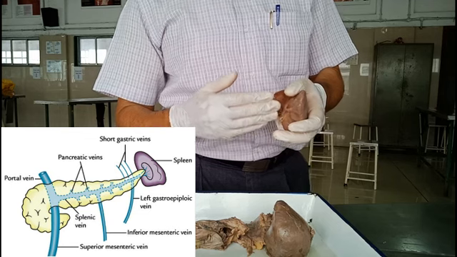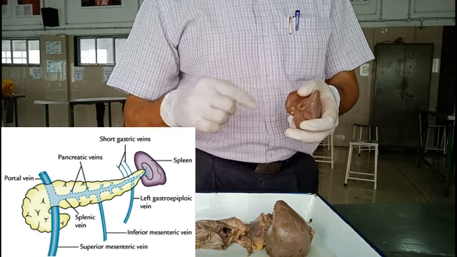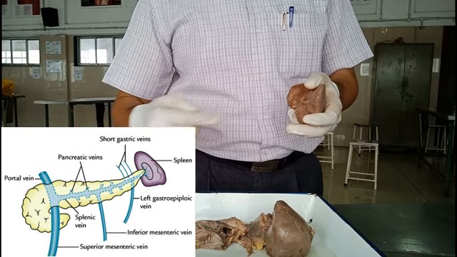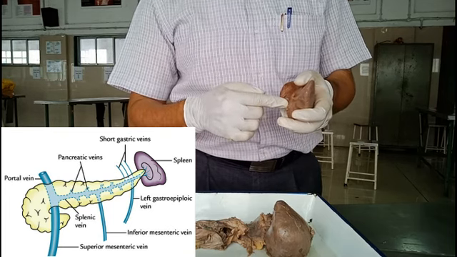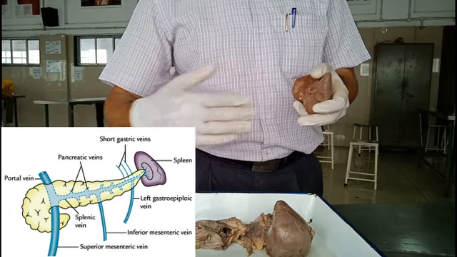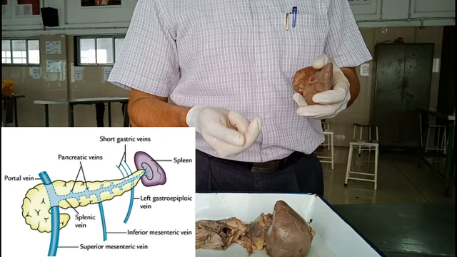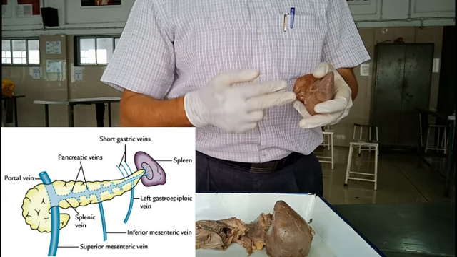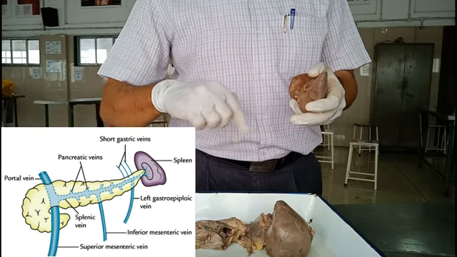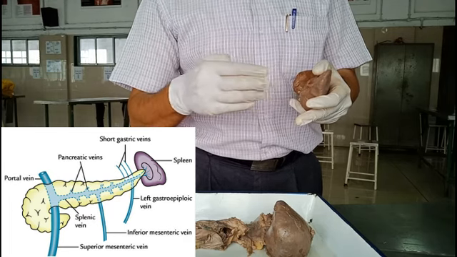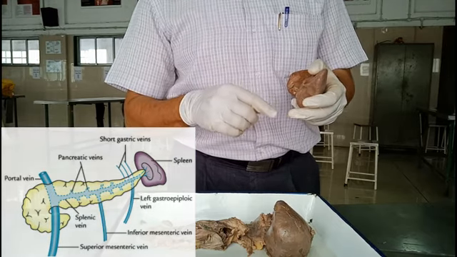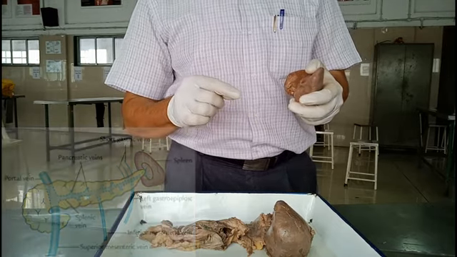The tributaries of the splenic vein are the short gastric veins, left gastroepiploic vein, pancreatic veins and the inferior mesenteric vein. You can imagine here the pancreas is there; from below, the inferior mesenteric vein comes and drains into the splenic vein; posterior to the pancreas, the pancreatic veins; then from the greater curvature of the stomach we get the short gastric veins and left gastroepiploic vein. These are the tributaries of the splenic vein.